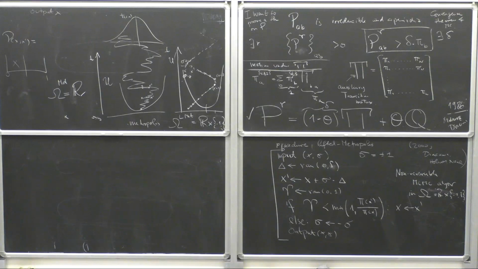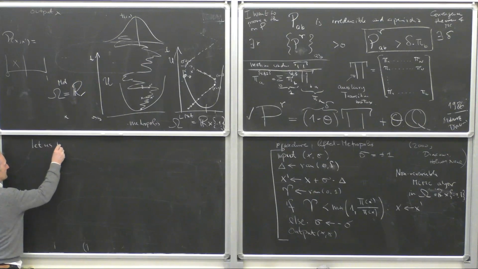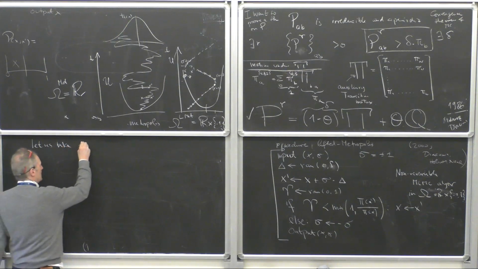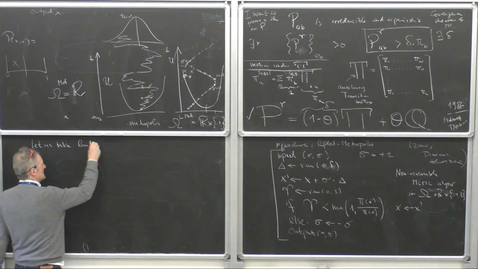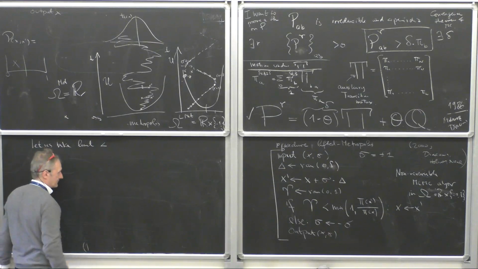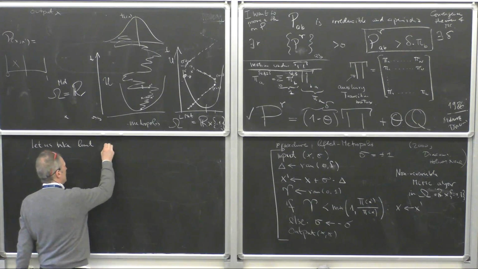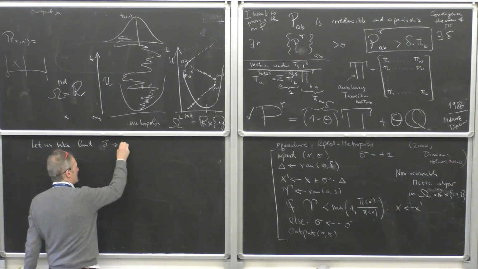But now let's do another algorithm. Let us take the limit of little delta going to 0.